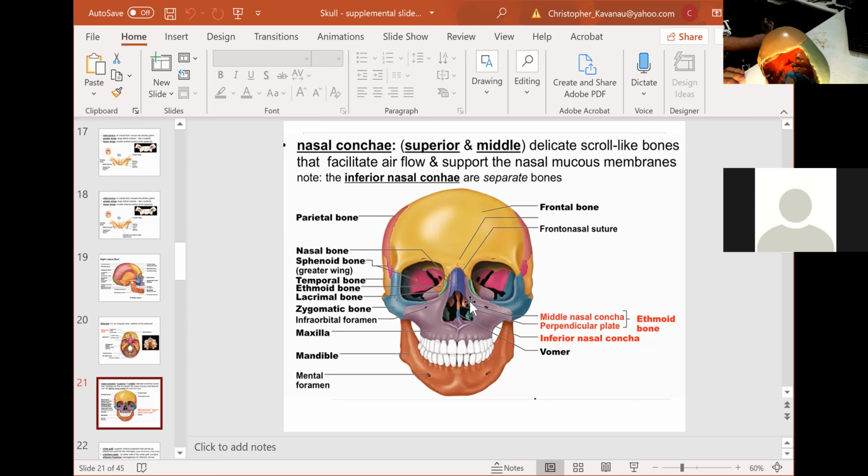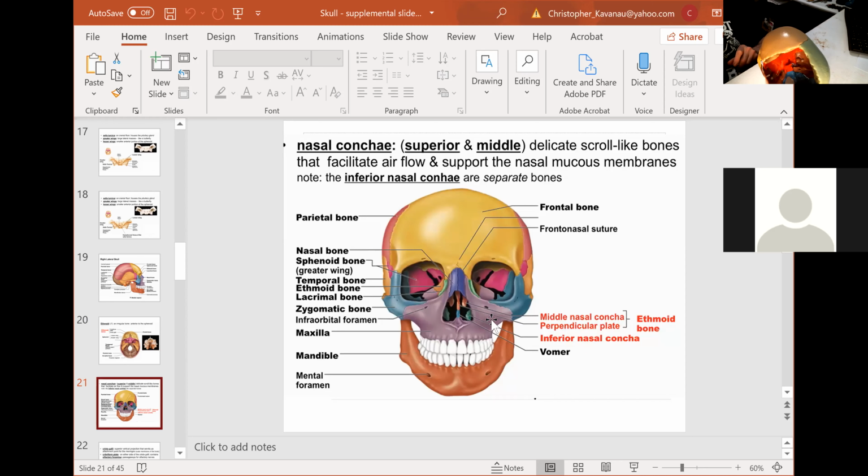It causes the air to swirl, and that increases the amount of contact the air has with these warm, moist mucous membranes, which allows the air to be warmed and moistened before it gets to the lungs. The lungs do not like cold, dry air. So the two middle nasal conchae visible here from viewing the skull anteriorly are part of the ethmoid bone.